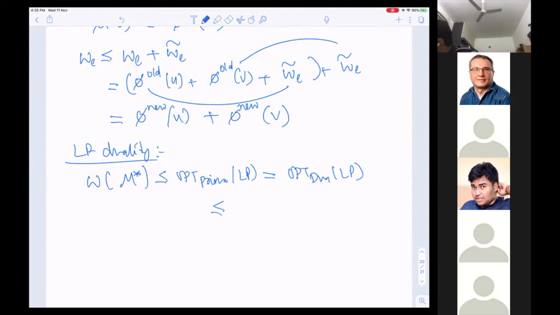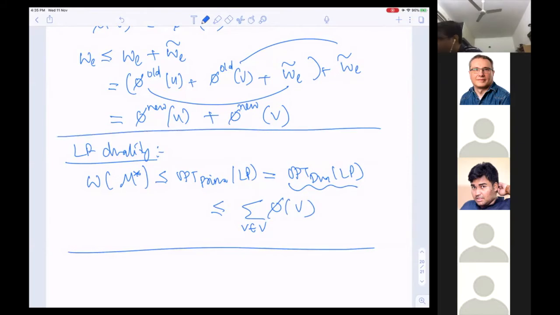But it's a minimization problem, right? So it is less than or equal to any feasible solution. So in particular, this is less than or equal to summation over V in big V of phi V.